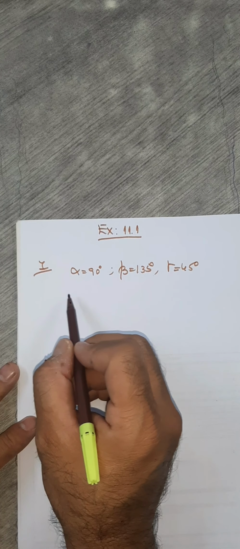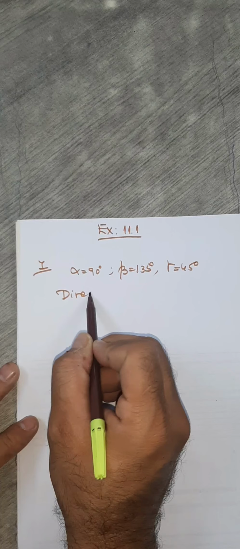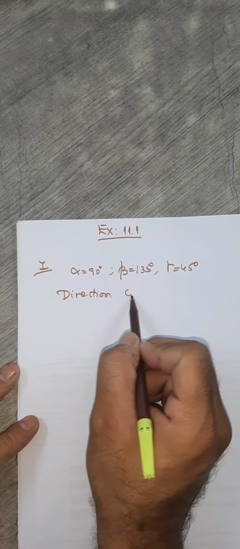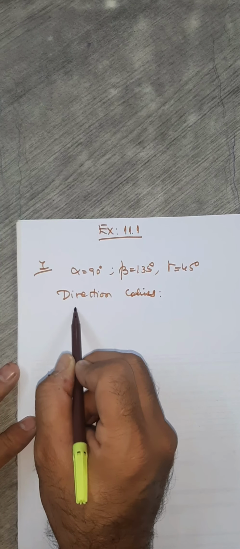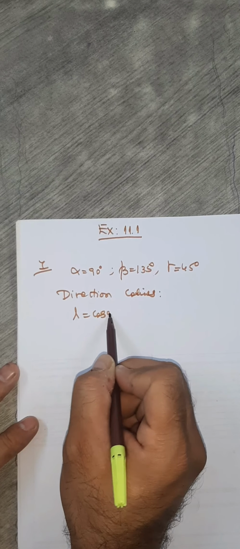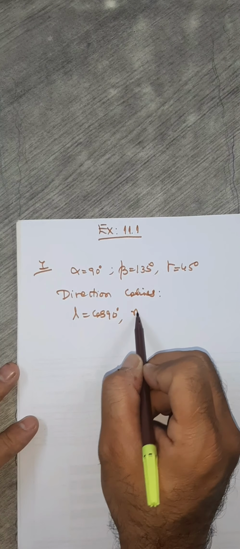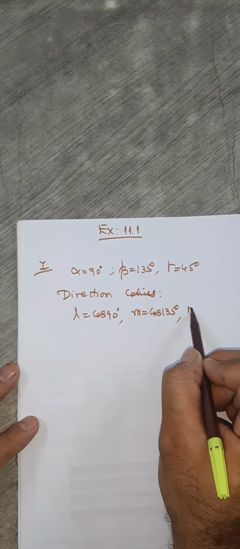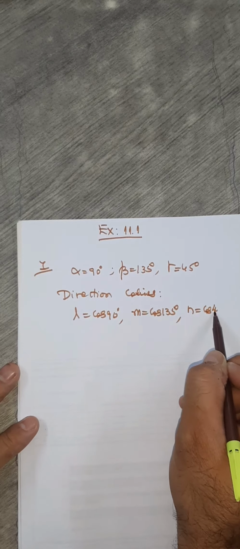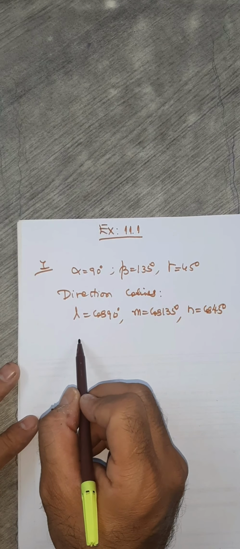Find direction cosines. So you know how to write direction cosines. Angles are fixed, remember here. Direction cosines, L equals to cosine alpha, M equals to cosine 135, and N equals to cosine 45. Right? Cos alpha, cos beta, cos gamma.